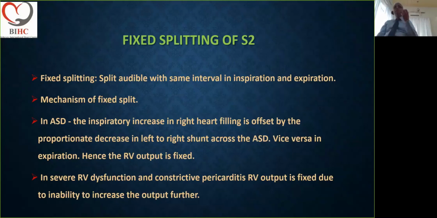If you have a severe myocarditis, or if you have a constrictive pericarditis, in myocarditis, the dysfunctioning RV, whatever be the input, it can't increase its output.